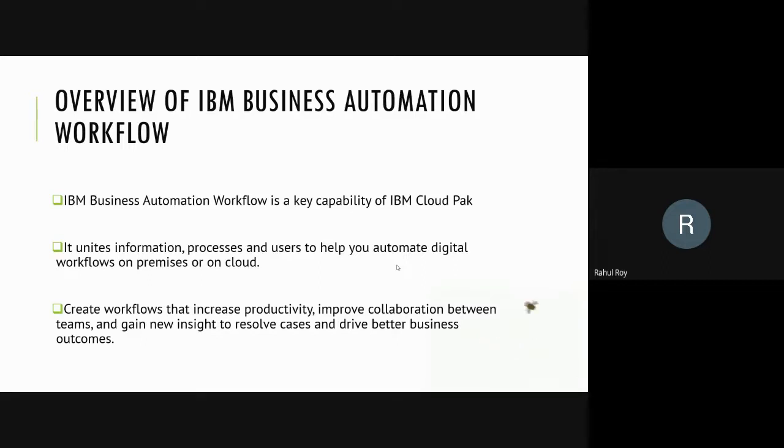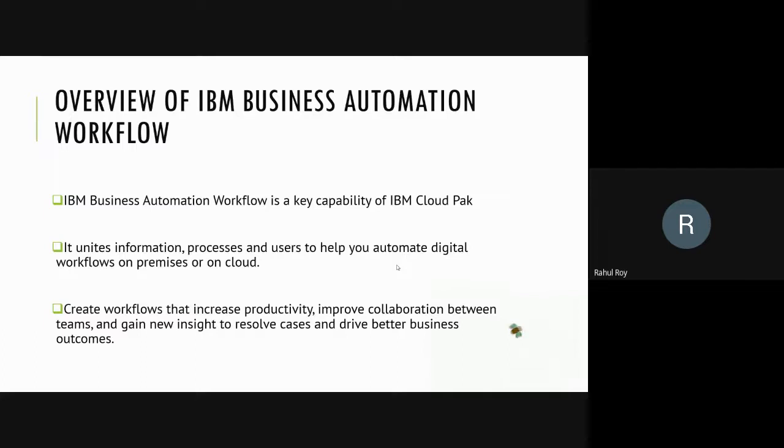Now, IBM BPM or IBM BAW does not have so many capabilities. Why? Because IBM BPM is always considered, which is a positive thing, a loosely coupled technology, which means it doesn't have so many things bundled together.